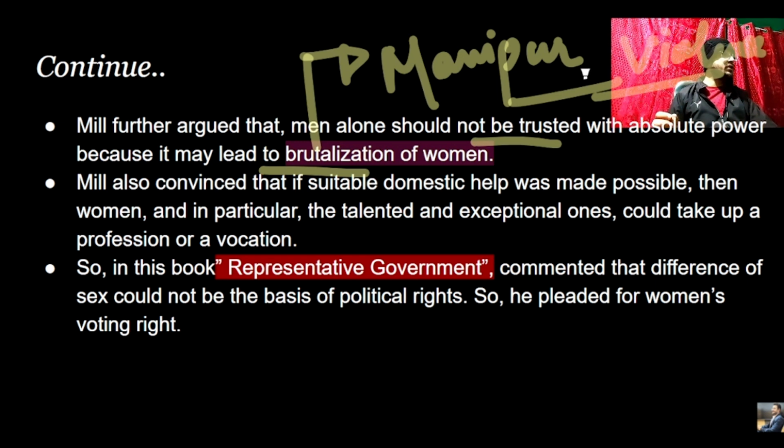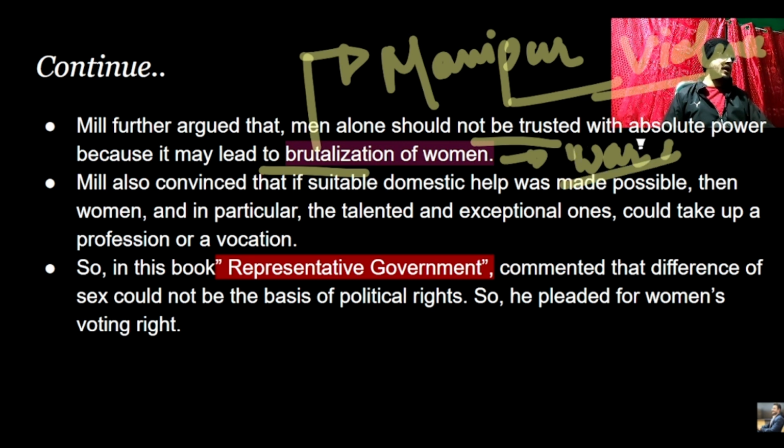That is what happens when we entrust men with absolute power. Not only men, it is basically any gender. He is saying that if we entrust men with absolute power, it will lead to brutalization of women. This is the consequence in wars and so on, where women are always brutalized.